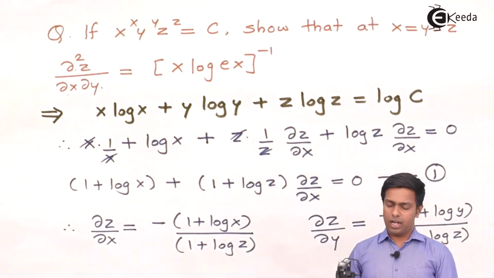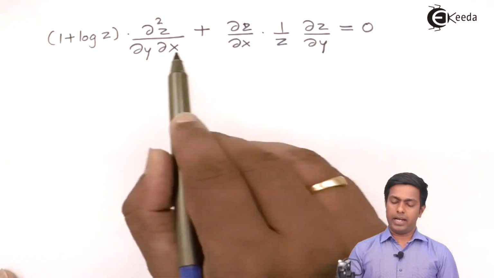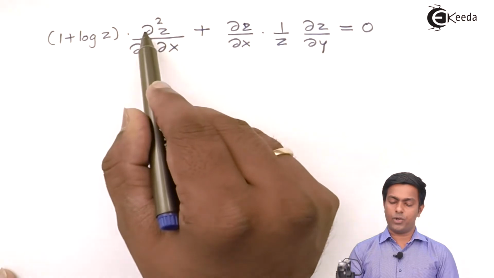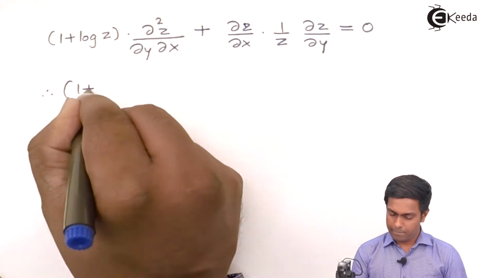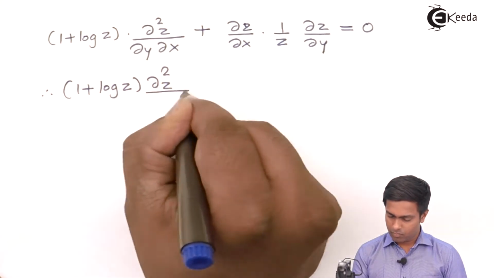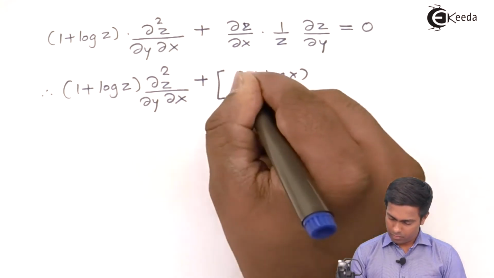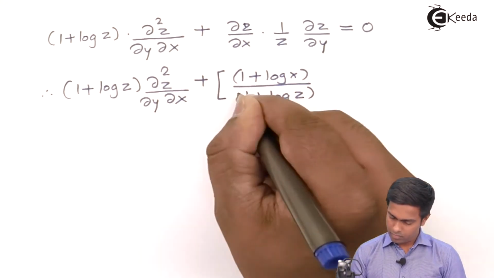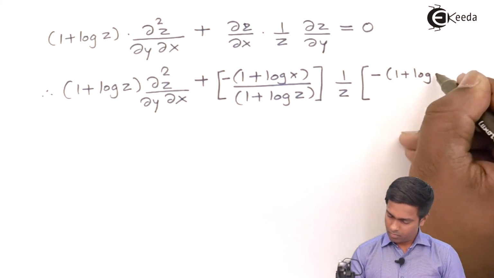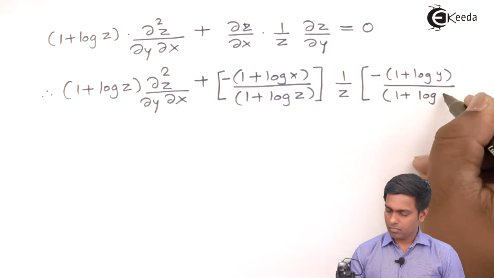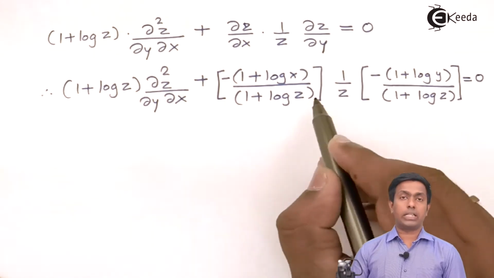So what we'll do is put these two values over there, and by adjusting all the terms we can get the value of del square z by del y del x. So let's start. Now we'll take this term on the RHS.